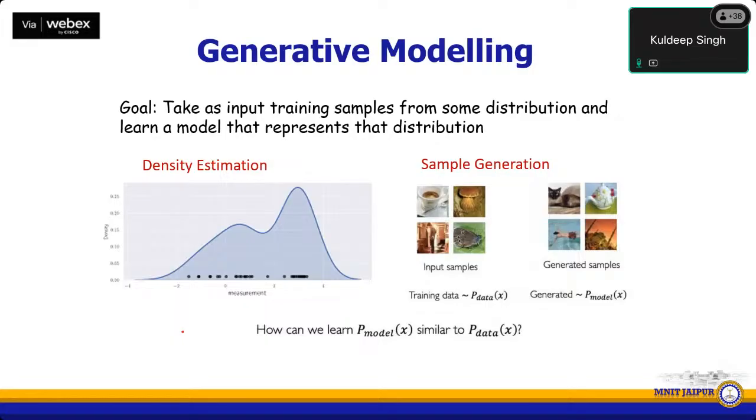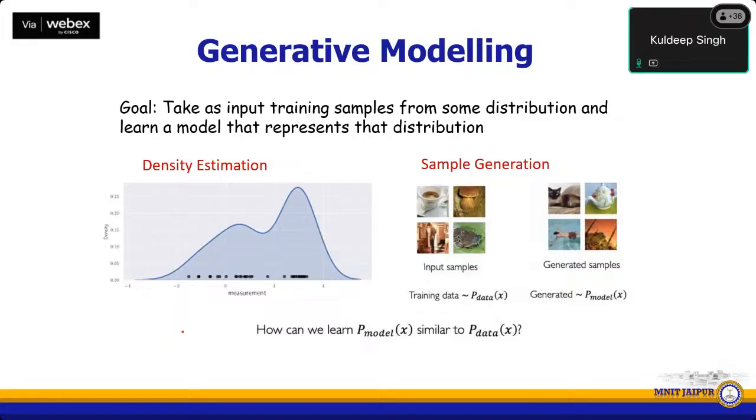So, firstly, let's talk about what is generative modeling. In generative modeling, the goal is to take various training examples as input from some probabilistic distribution, and then learn a particular model that can represent that distribution.